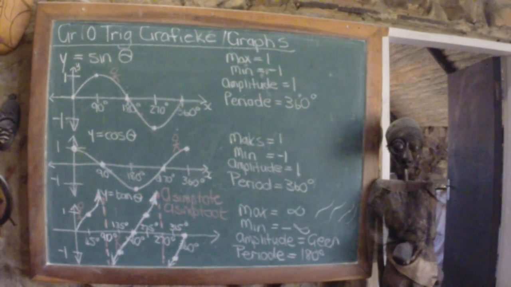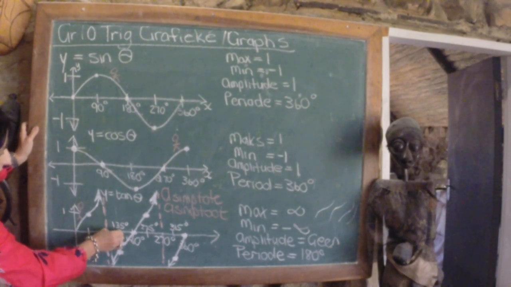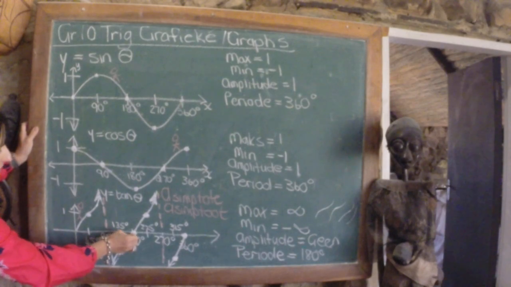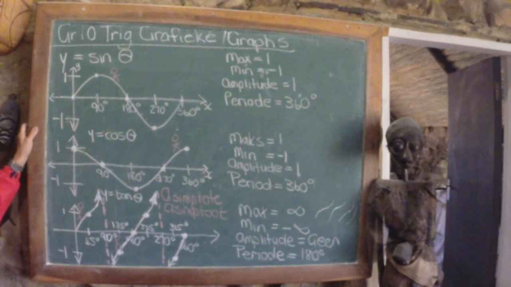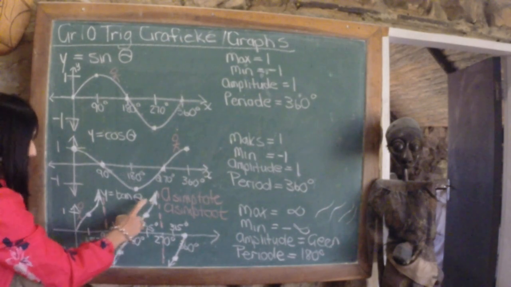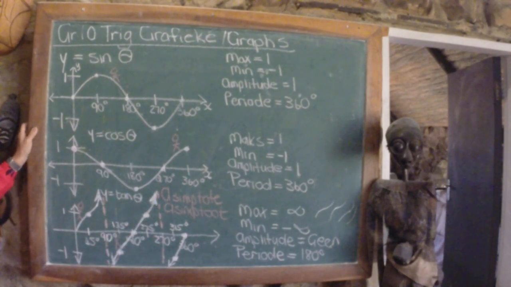Now, if you draw this tangent, as jy die tan teken, dan merk ek 45, 90 is my asymptoot. 135, 180, 225, 270, my next asymptote. So elke 180 grade na 90 kry ek 'n asymptoot, 'n gat.